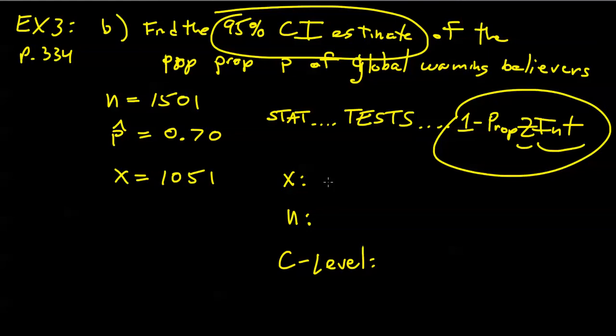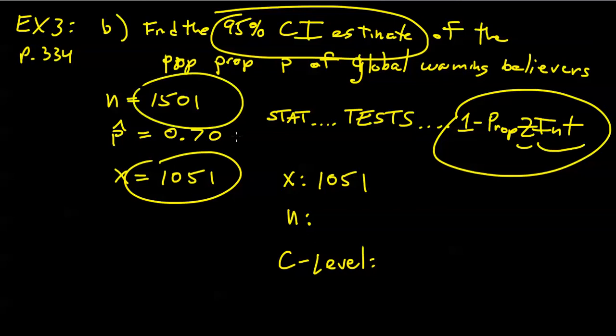What's X here going to be? Well, X is 1051. That's the raw count in our sample for those who believe in global warming. Our sample size is 1501. Typically, your confidence level is given to you. I'm going to plug in 95% or 0.95.